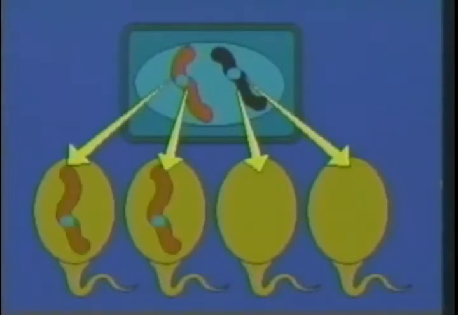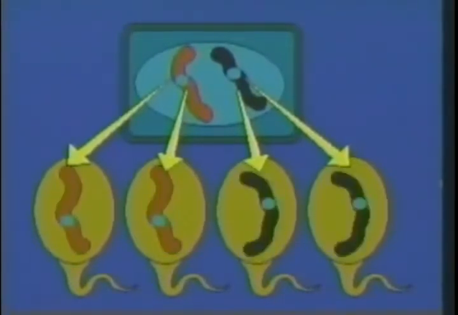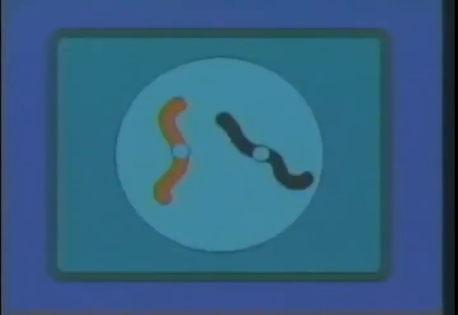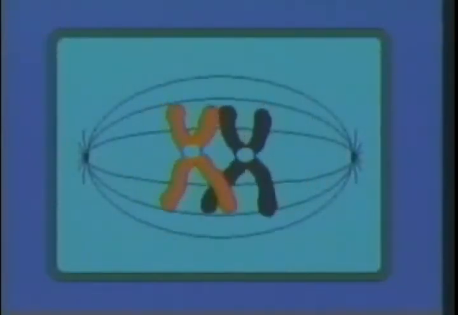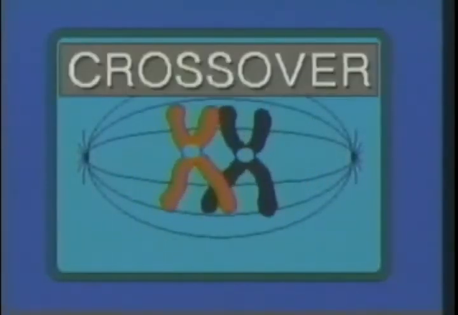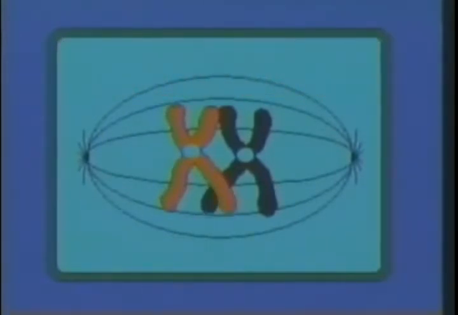Working once again with a single diploid pair, our model gives us not 4 different gametes, but 2 pairs of identical gametes. At this stage of meiosis, the chromosomes carry out a maneuver called crossover. Note how the chromosomes exchange material.